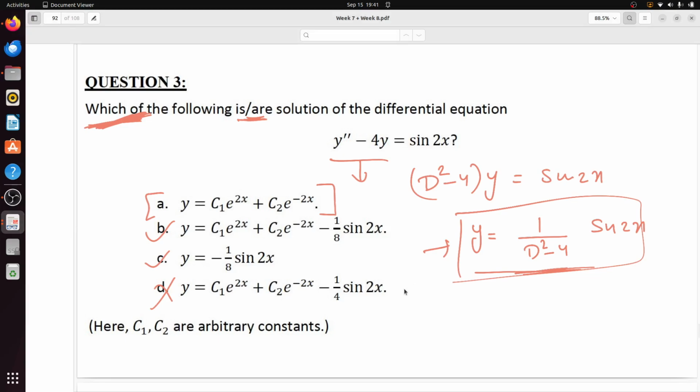Next, this is this problem. Which of the following is a solution of the differential equation d2y by dx2 minus 4y equals sin 2x? So this is a very easy one.